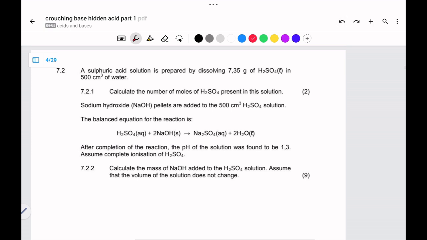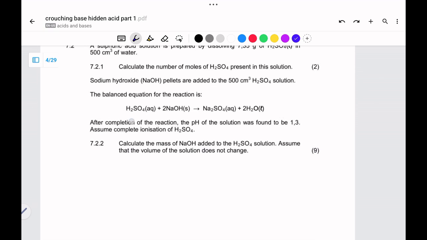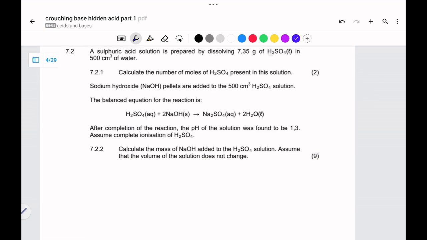And the 2 marker is necessary for the 9 marker. So let's start with 7.2.1 and let's use this dark blue. So we're given a mass of this H2SO4 and we're given a volume. They want us to figure out the number of moles of H2SO4 present in the solution.